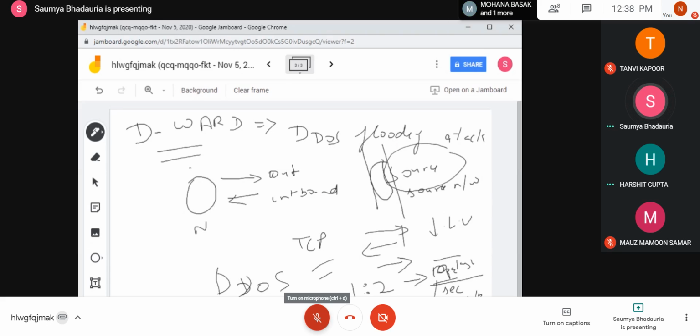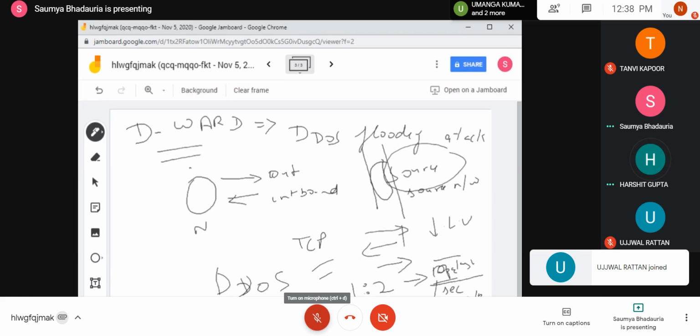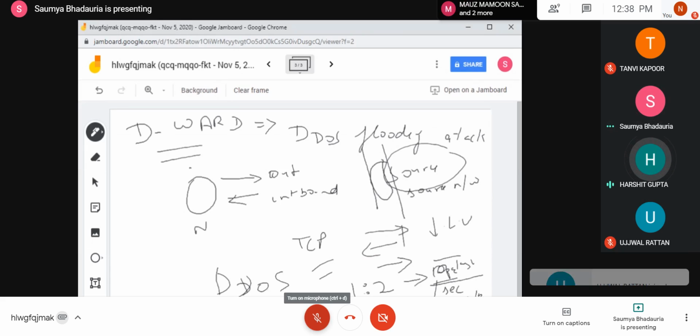Okay. Will false negatives be higher or false positives be higher? Ma'am, false negative. How are you so sure that false negatives will be higher? Maybe, maybe not.